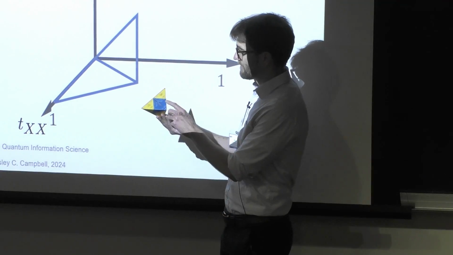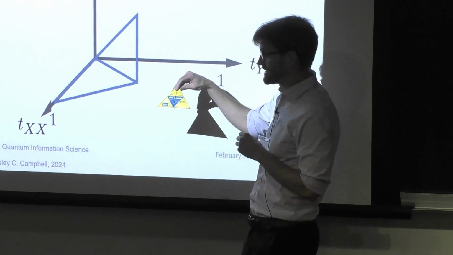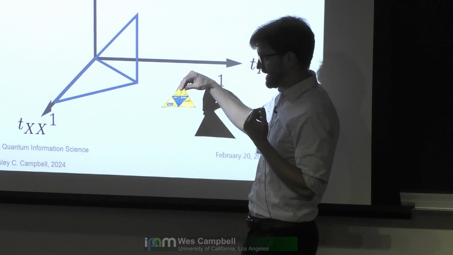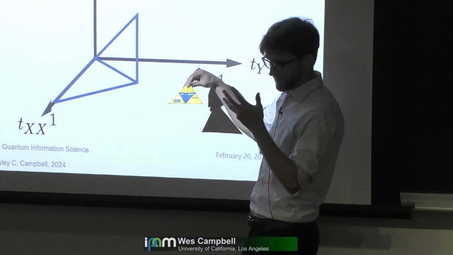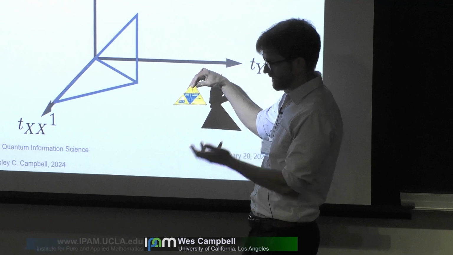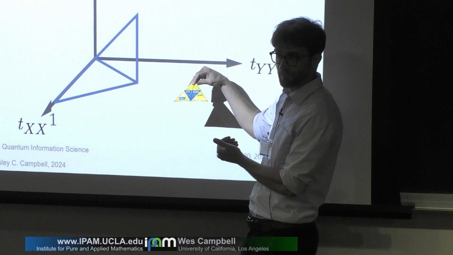The portions of the Weyl chamber that are shaded in blue contain the operations that can take at least some separable state and create a completely entangled state from it.